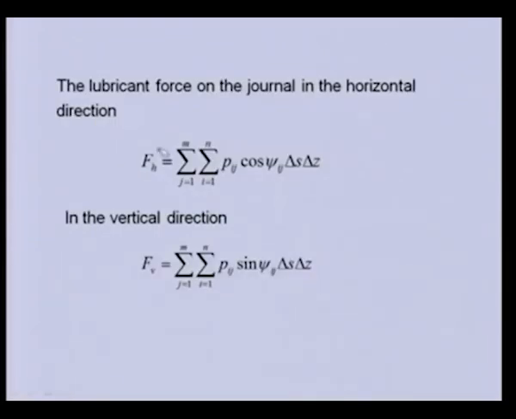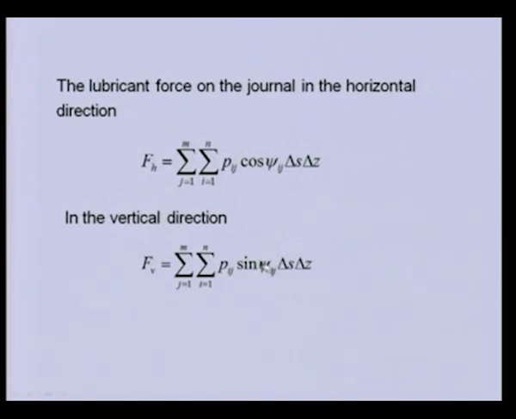So this is the force balance in the horizontal direction. The component of that pressure into the area is the force, and this is the component in the horizontal direction. Similarly, if we take the sine of that psi, we will get the vertical direction force.